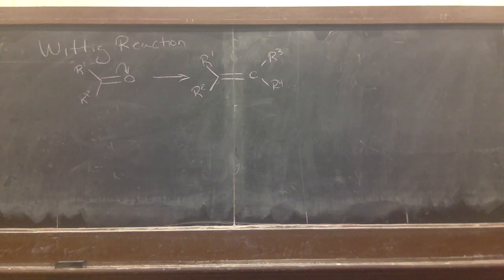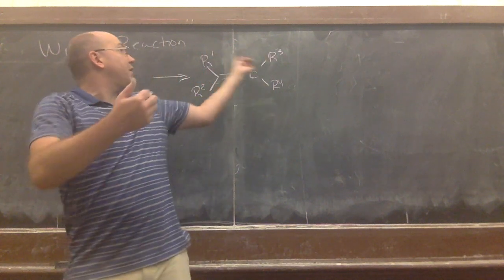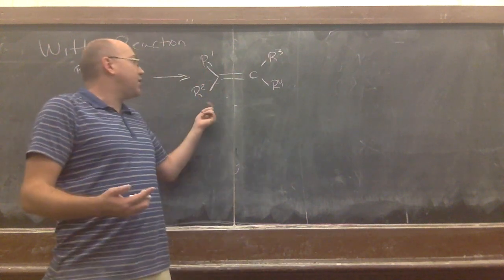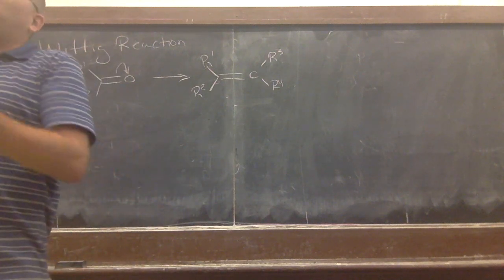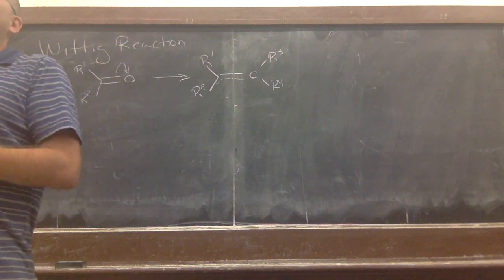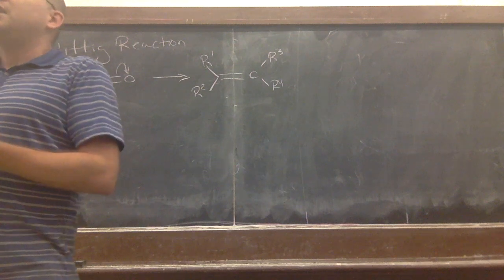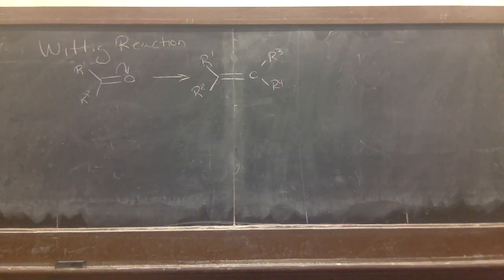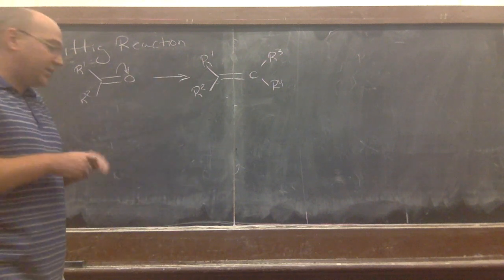I have R1, R2, R3, R4, and I've simply drawn it with the R1 and the R3 on the same side, and the R2 and the R4 on the same side. I just drew that generically, but obviously R3 and R4 could be flipped, and so you can, in essence, get either isomer of these alkenes. It turns out that the Wittig reaction in general can have some selectivity for one or the other based upon what the source of the ylide is. Okay?